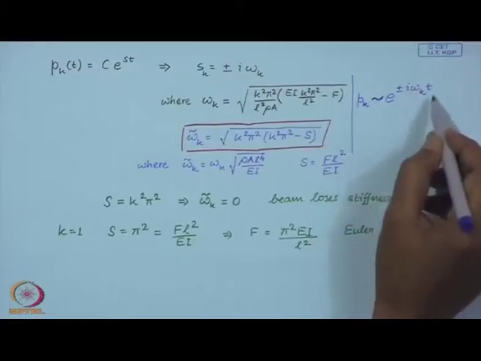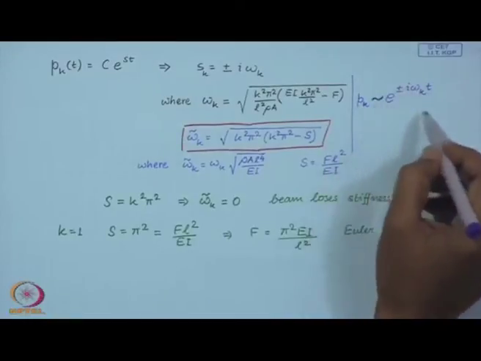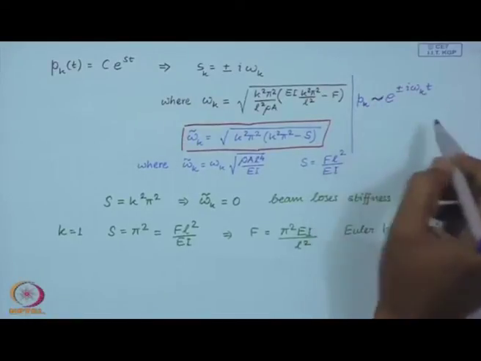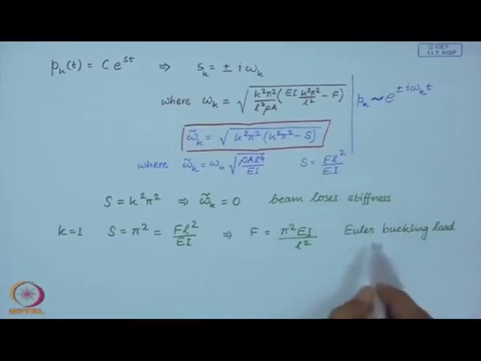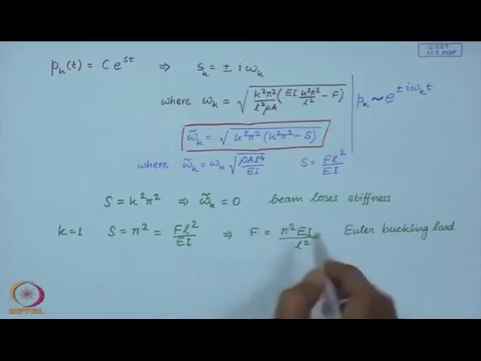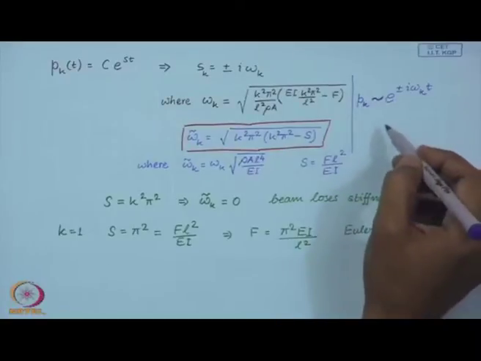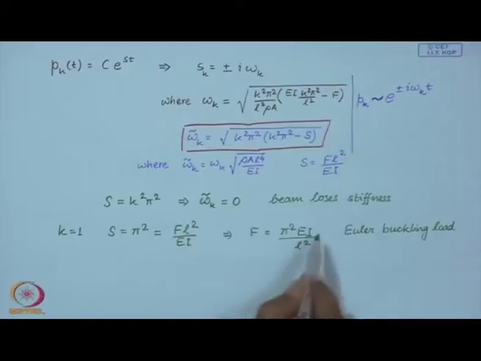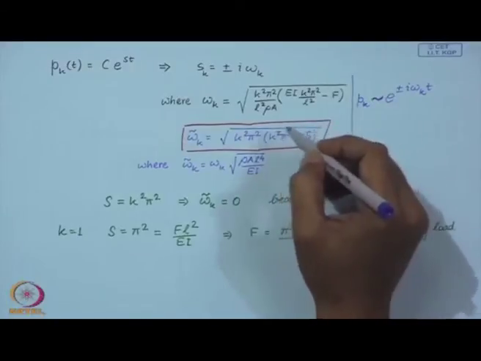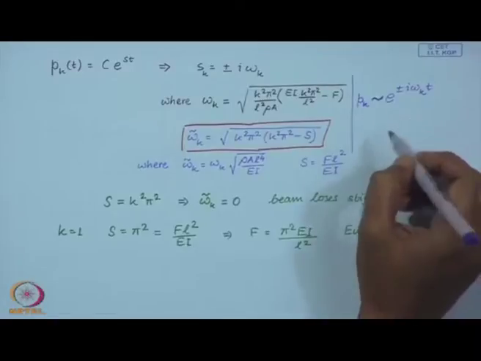Now, when omega k goes to 0, it loses the temporal nature. So, this is neutral stability. You have reached the Euler buckling load for k equal to 1, for example, and the beam has lost its stiffness. Now, if the load is increased further beyond this value, then omega 1 will become imaginary.